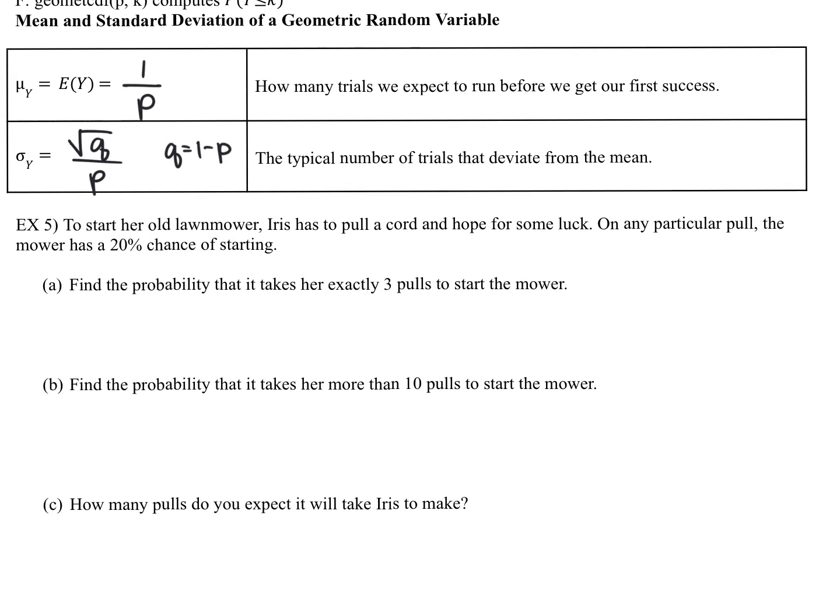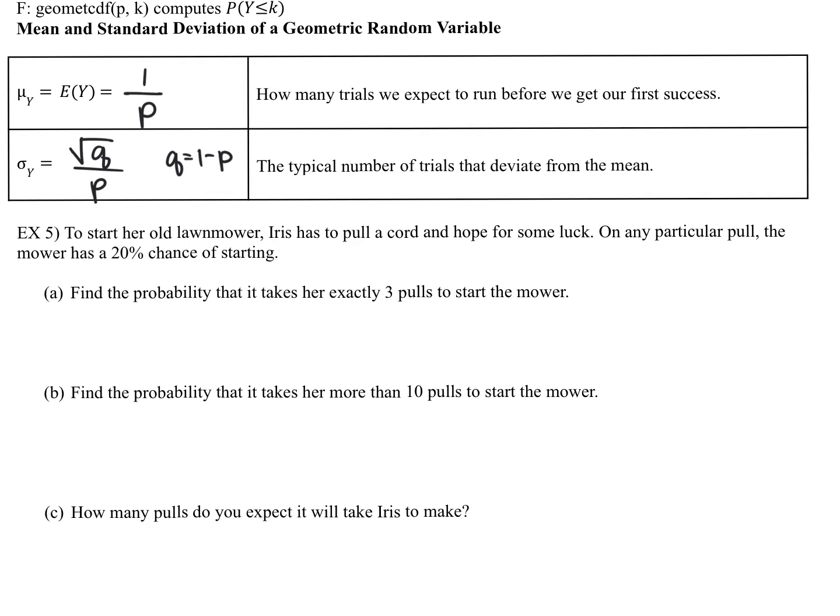So for example, to start her old lawnmower, Iris has to pull a cord and hope for some luck. On any particular pull, the mower has a 20% chance of starting. Using our calculator, we're going to find the probability that it takes her exactly 3 pulls to start the mower. So that's the probability that y equals 3.